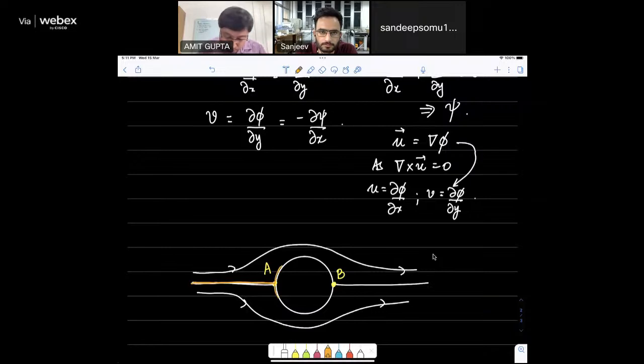Okay. So at this point, point A, and similarly at point B, the same thing will happen. At this point, the function psi is also changing its nature. The only thing is that its slope from all directions is going to be zero because the velocity there is zero. So it is true for what you said that the two functions are orthogonal.